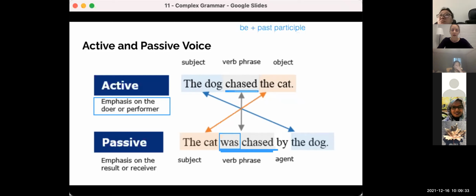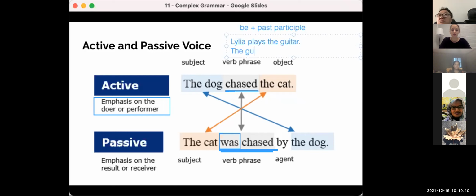So we can use the passive with many different tenses of the verb. If I have a present, for example, Lilia plays the guitar. The guitar was played by Lilia. Perfect. Yep. Lilia plays the guitar is simple present. So we will add the simple present form of be.